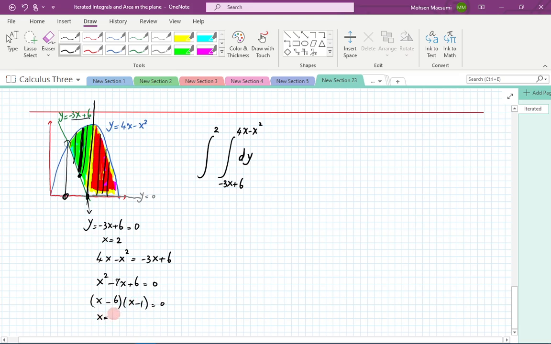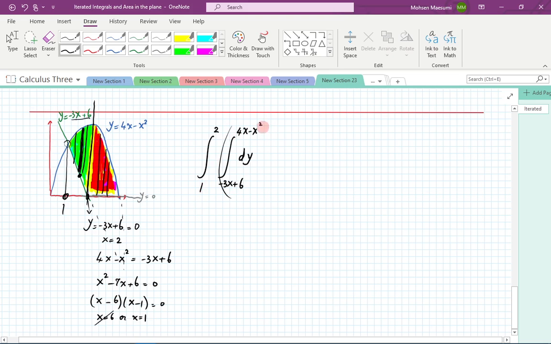So that tells me either x is 6 or x is equal to 1. Well, x equal to 6 is going to be some intersection, so this curve parabola goes down and this other line cuts it further down. So x equal to 6 is not what we are after, rather the starting value is just 1.